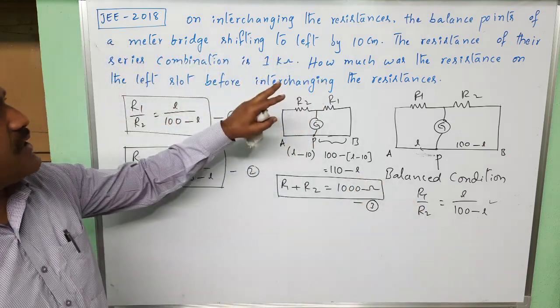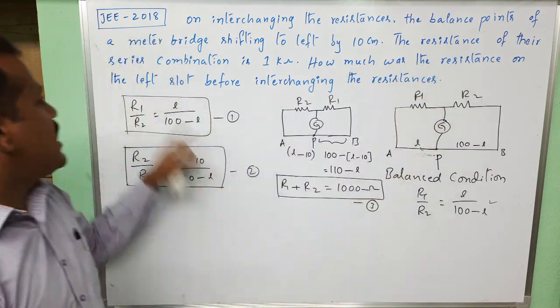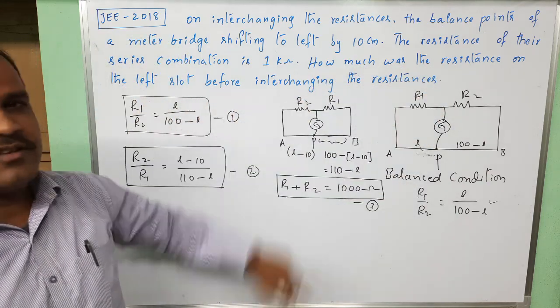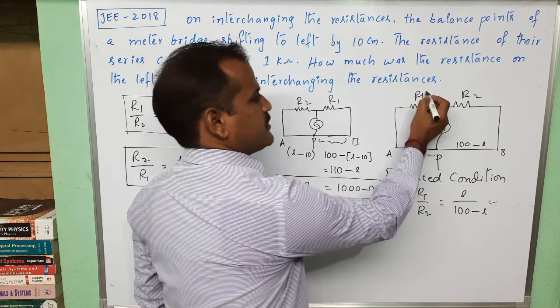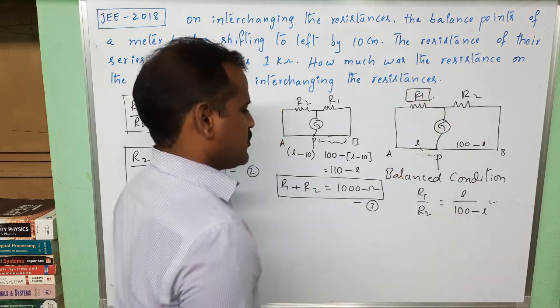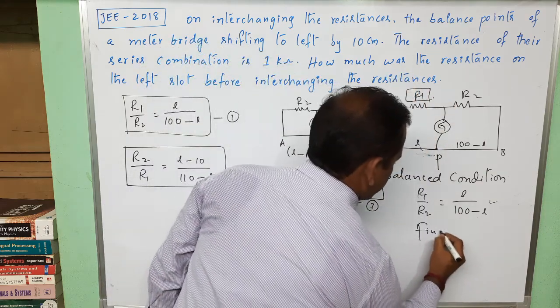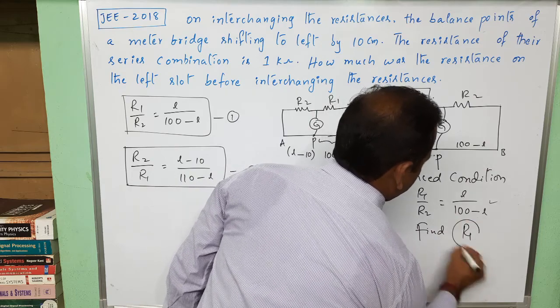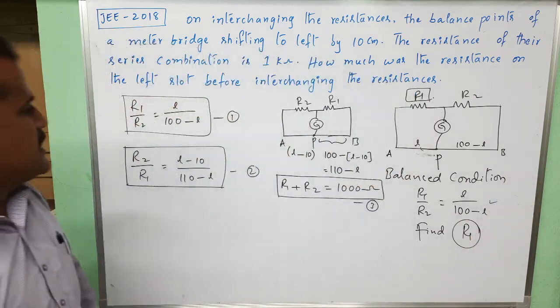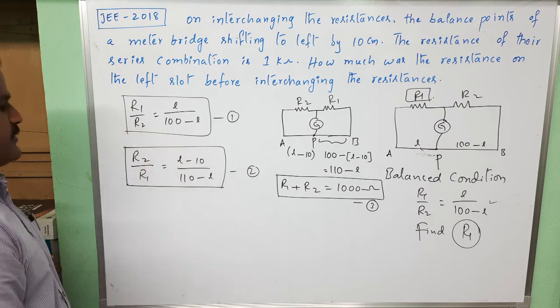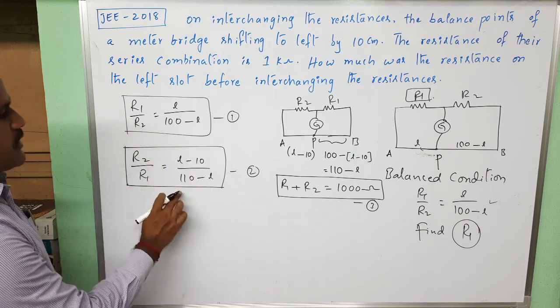Now he asked how much was the resistance in the left slot before interchanging the resistances. Before interchanging, this is the left side resistance, so we need to find the R1 value here. Let us find R1. First consider these two conditions here. Here we got R2 by R1, here we have R1 by R2.